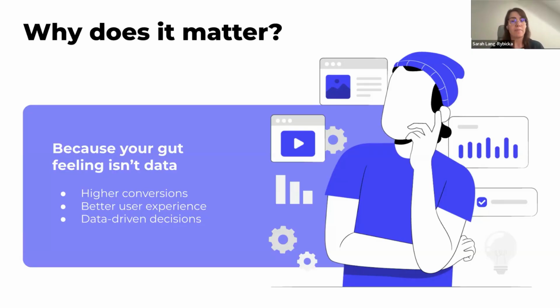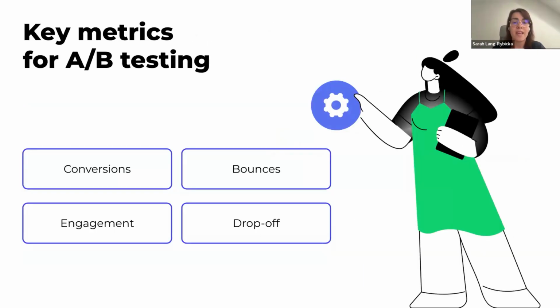So just a few key benefits of A/B testing: higher conversion rates through small iterative adjustments that lead to more leads and sales, improved user experience, allowing us to better understand our ideal user journey, and data-driven decision-making, ensuring that we rely on facts rather than our gut feeling.